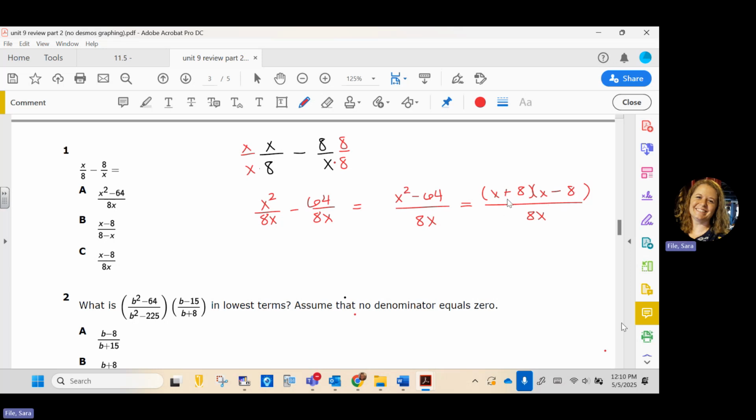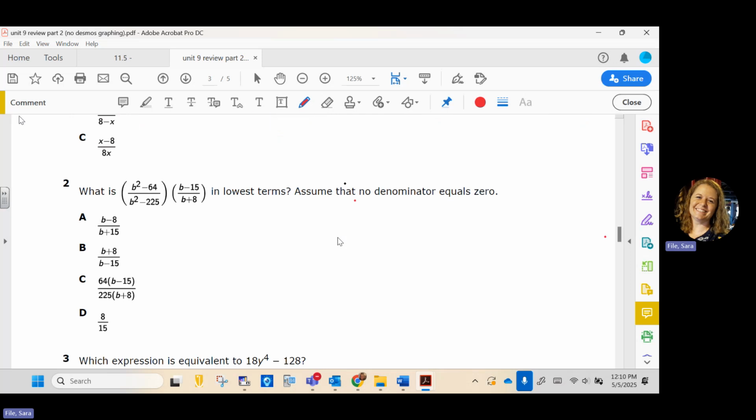But here, I don't see an x plus 8 in the denominator. x minus 8, I don't see an x minus 8 in the denominator. And then like an x here, I don't see an x on its own as a factor in the numerator. So here, nothing can reduce. So I guess they just are having you leave it as that answer choice.